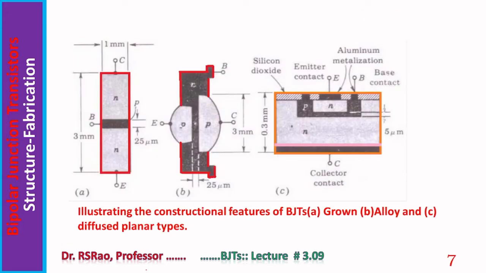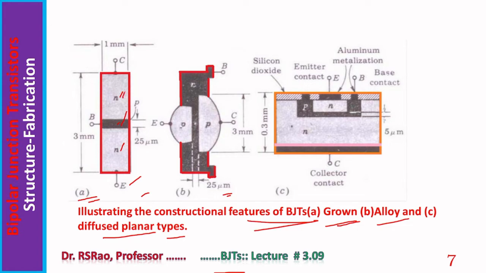Here are illustrated the constructional features of BJTs. In A is shown the grown type, in B the alloy type, in C the diffused planar type. A, the grown type, is giving structural features of an NPN transistor: N, this must be P, this must be N. Emitter, base, collector.